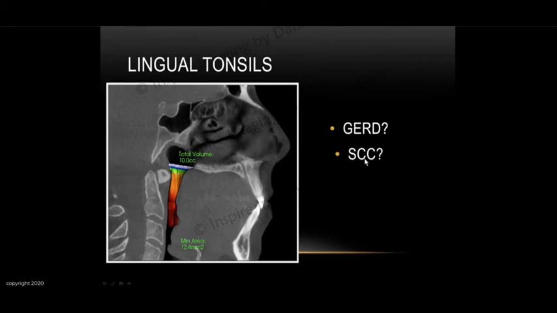And we also know that we do get squamous cell carcinomas that can occur in this area. That enlargement of the soft tissues here can displace the epiglottis and fill the vallecula. On cone beam CT, I can't tell you what this is, but I can tell you that there's a soft tissue mass here and it's narrowing the airway. You guys can probably give them a little bit more information about what that soft tissue mass is.